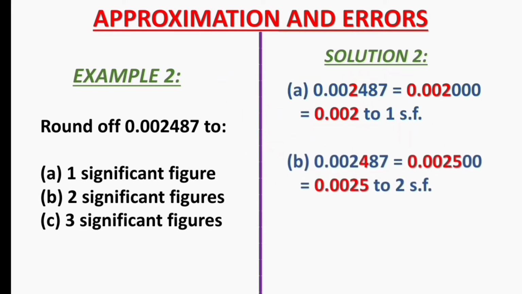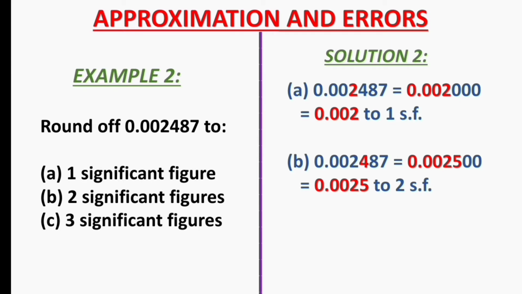For question 2B, the answer is 0.0025 to two significant figures. This is so because the second significant figure is 4 in the number. Of course, we have to round up the 8 next to 4 to 1, and adding it to 4 will give us the 5 in the answer.